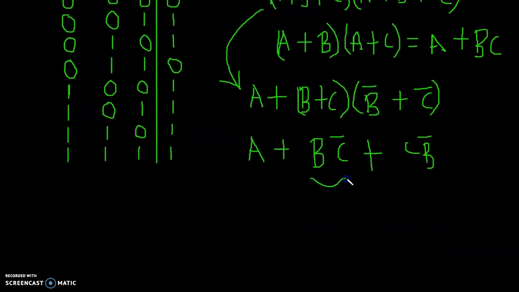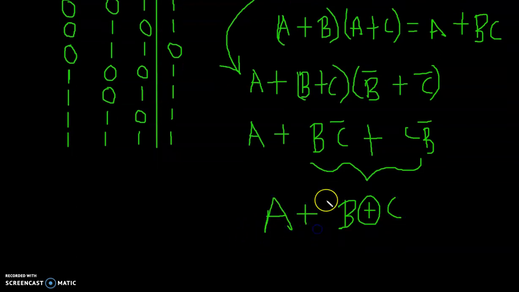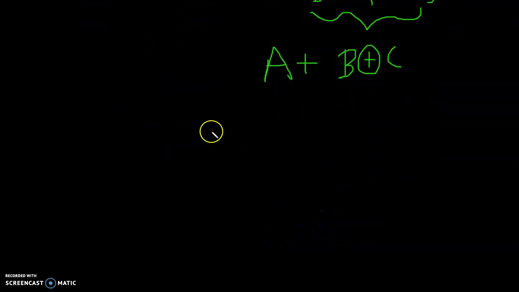Okay, now this is nothing but B XOR C, right? B XOR C, A or B XOR C. Now you can also design the circuit. Okay, so A or B XOR C. So I am making an XOR gate first.